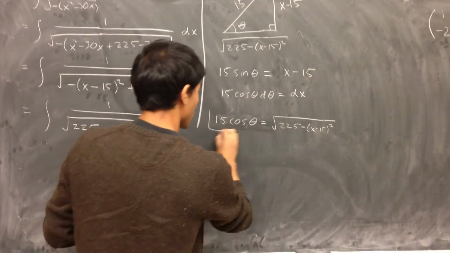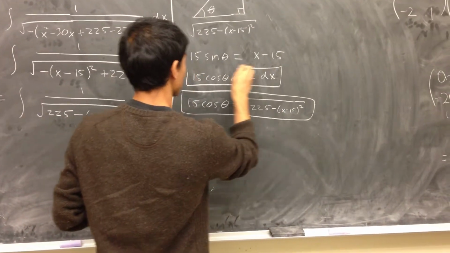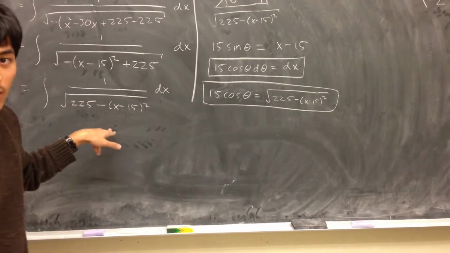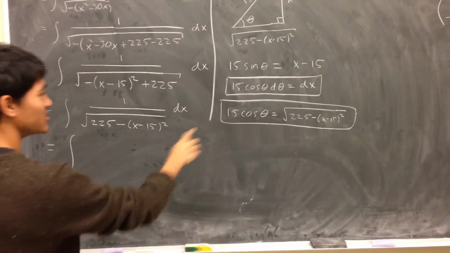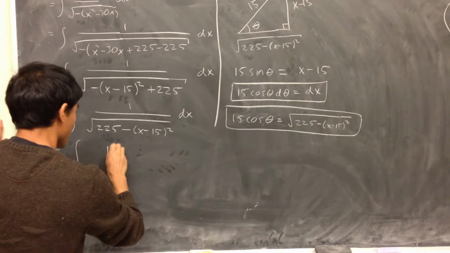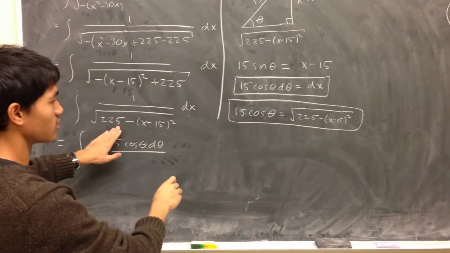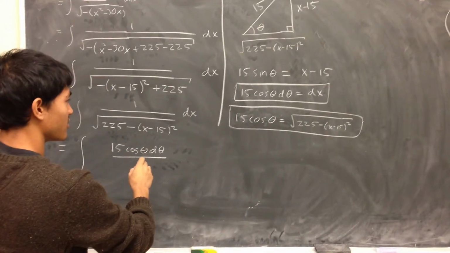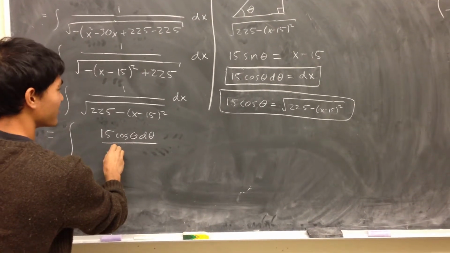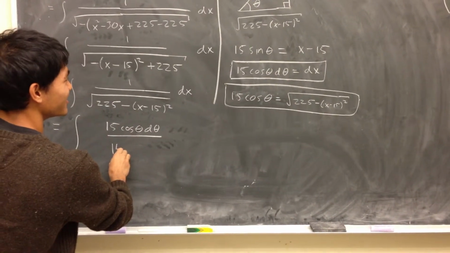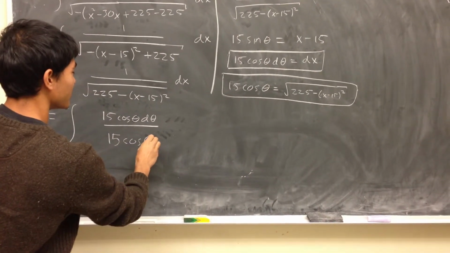So we use this, and we use this in our integral now. Okay, so dx is 15 cosine theta d theta over the square root term, which is 15 cosine theta.